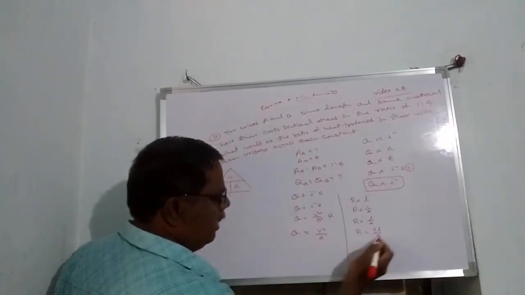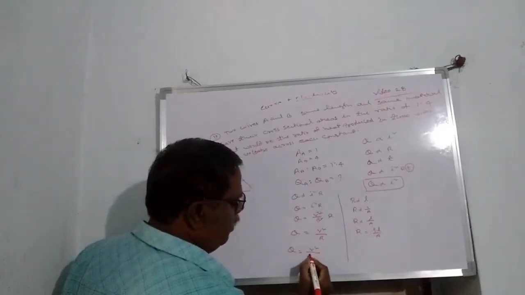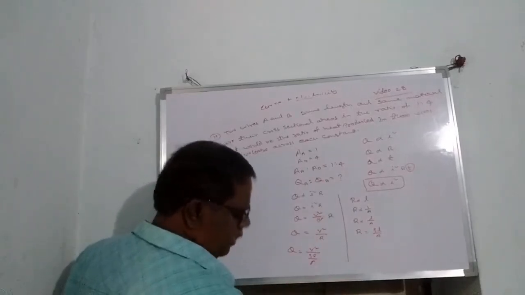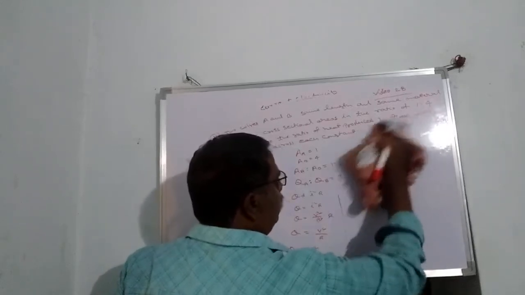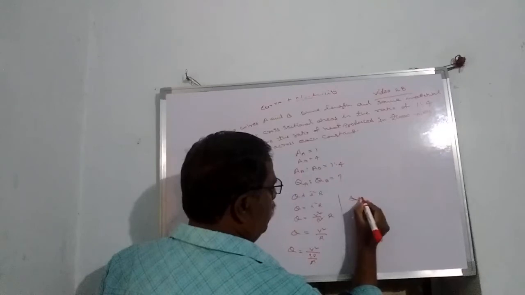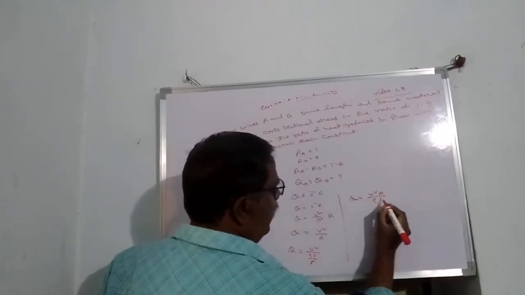Substituting rho L by A in place of R, Q becomes V square by rho L by A. So Q is equal to V square A by rho L.